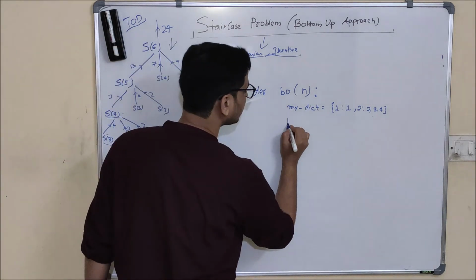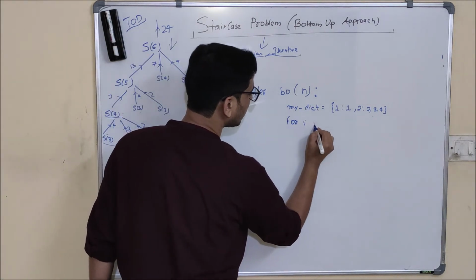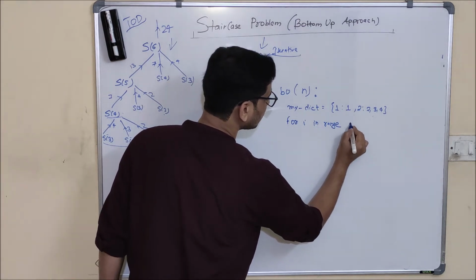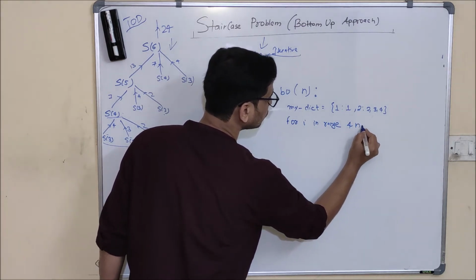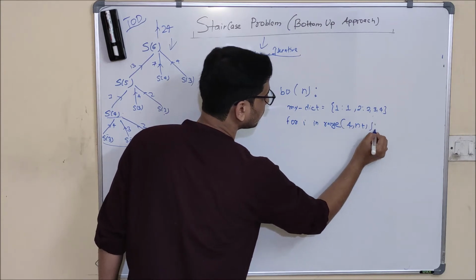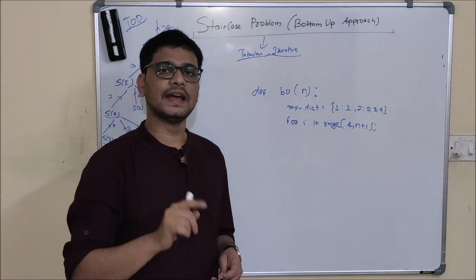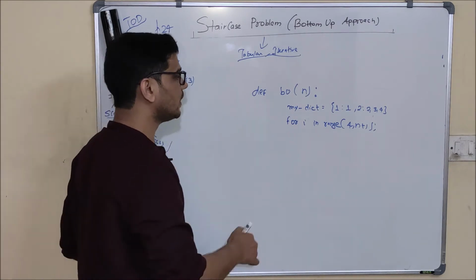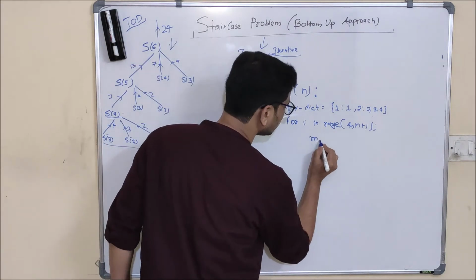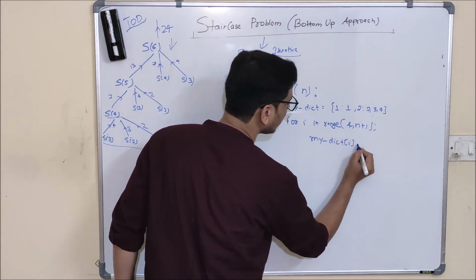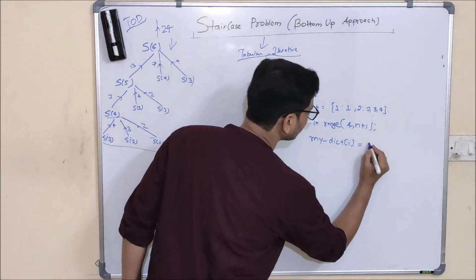Now let's write out a for loop. For i in range 4, n plus 1, because we want this for loop to run for the nth iteration also. And in every iteration what we are going to do is calculate my dict of i and update it in the dictionary.